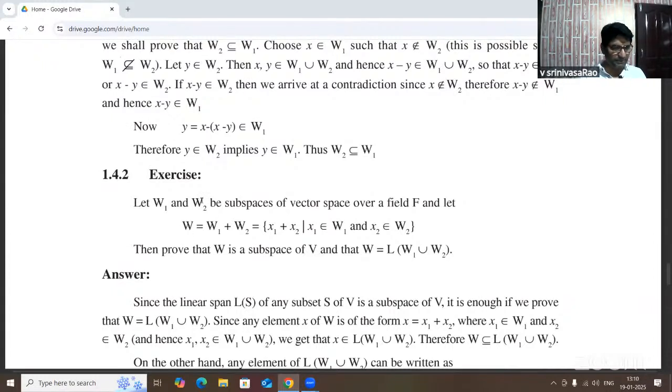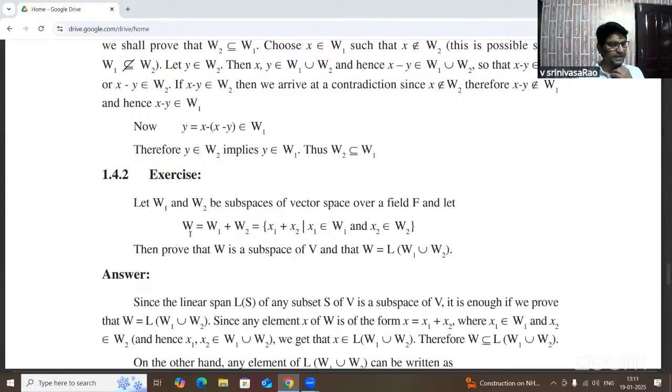Now here X1 is any element of W1, and X2 belongs to W2. The sum of the subspaces, W1 plus W2, is also a subspace.